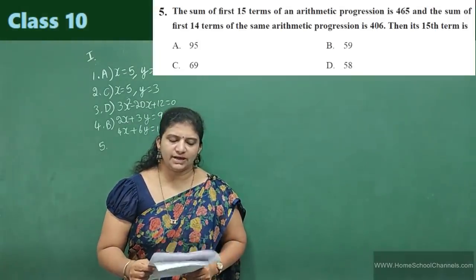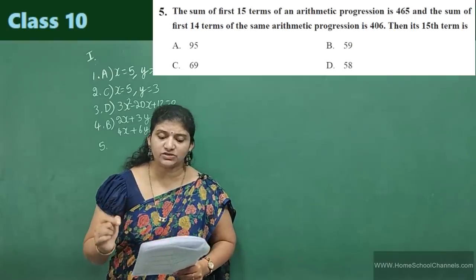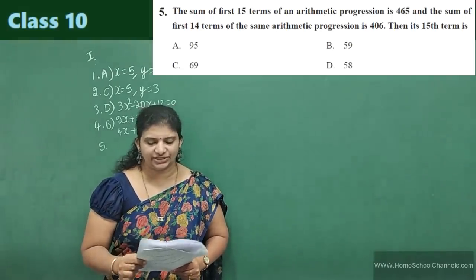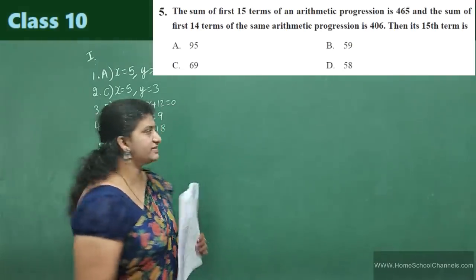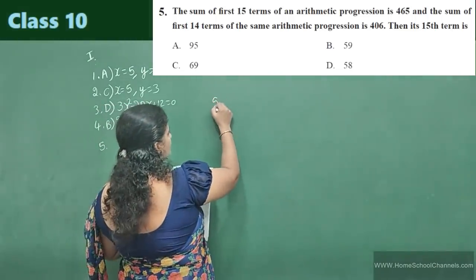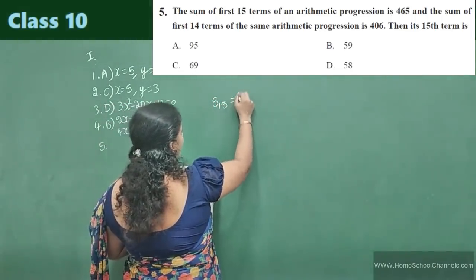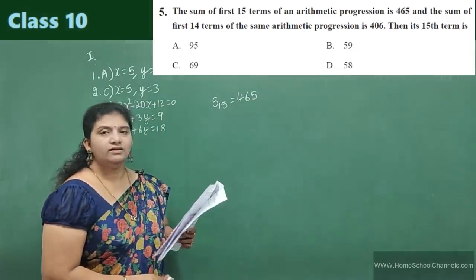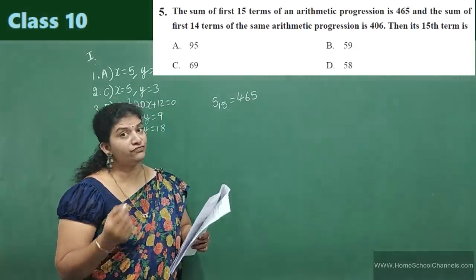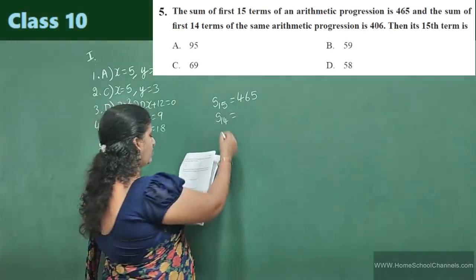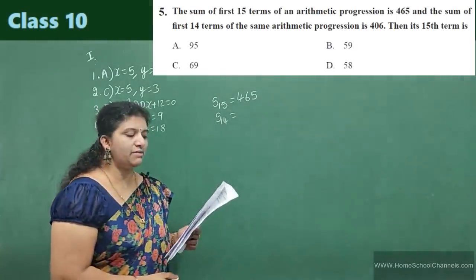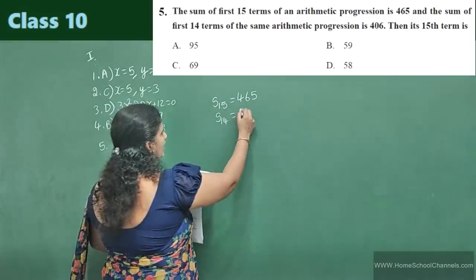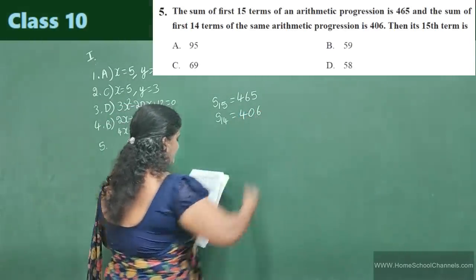Fifth one, the sum of the first 15 terms of an arithmetic progression is 465. Sum of first 15 terms means S15 is equal to 465. And the sum of the first 14 terms of the same arithmetic progression is 406.